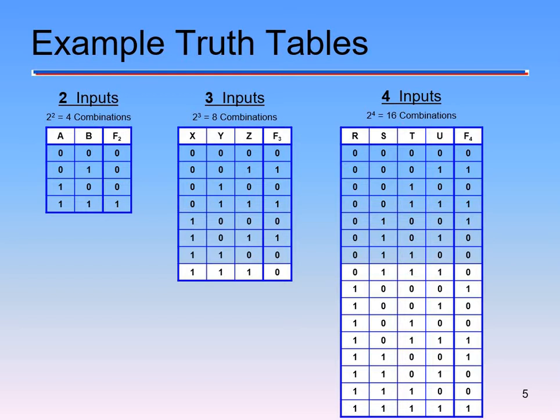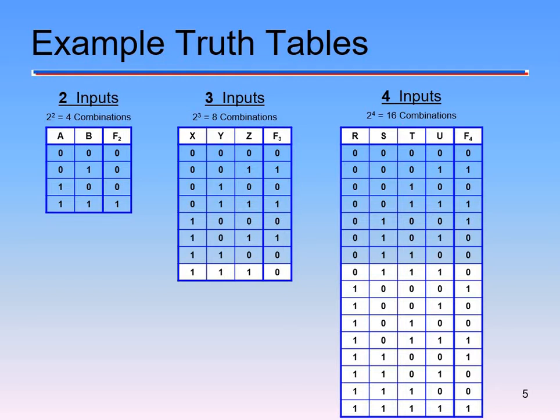That's all we did for the inputs. If we go to the 4-input table, we just took the 3-input table and added zeros in front and 1s in front for every possible combination. So 2 to the 4th is 16. There's 16 possible combinations.